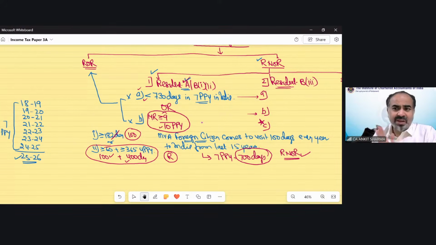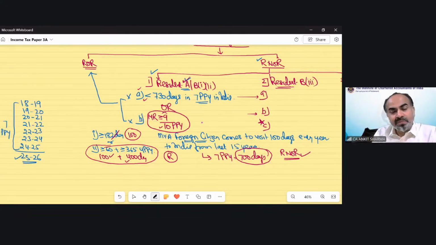So except the previous year 25-26, in the last 10 preceding previous years, he should have been non-resident for at least 9 of those years.